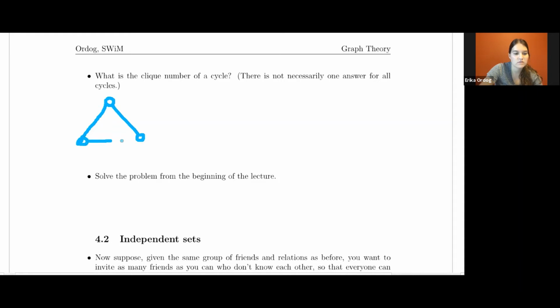That will be a triangle. So what's the clique number here? It's the maximum number of vertices where every pair is adjacent. If we take all 3, they're all adjacent to each other. So the clique number of this graph, if we call it G, is 3.